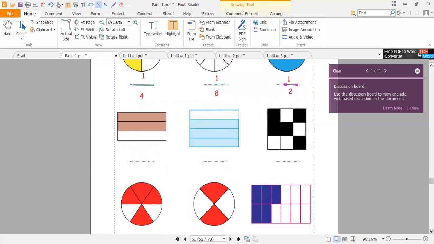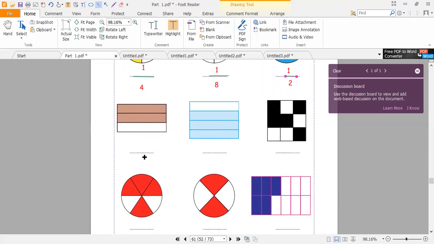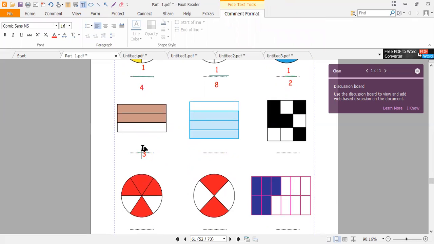Now let's solve the second row. Here I have 3 equal parts, and I have 2 colored parts. So the answer is 2/3. How many equal parts here? 1, 2, 3, 4.